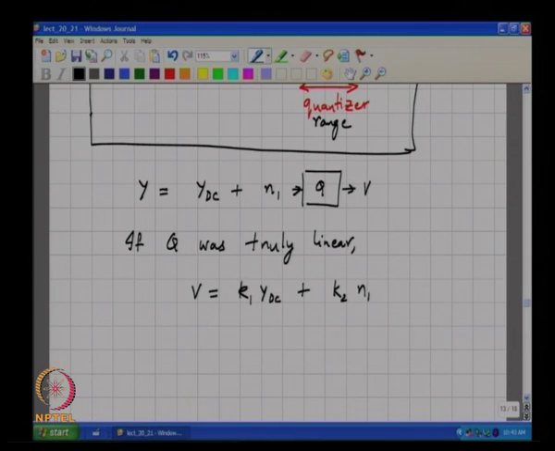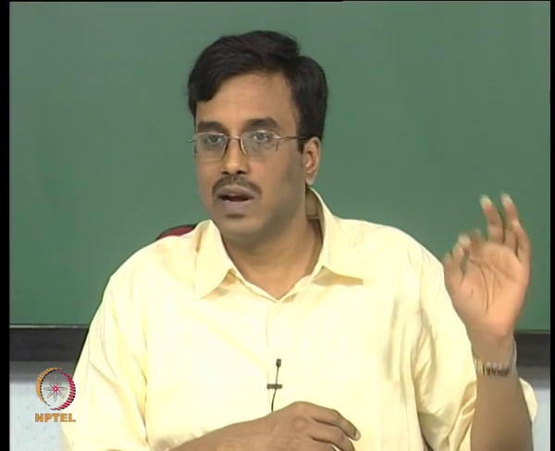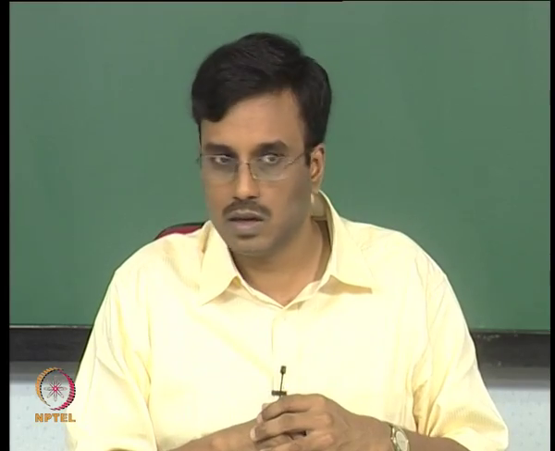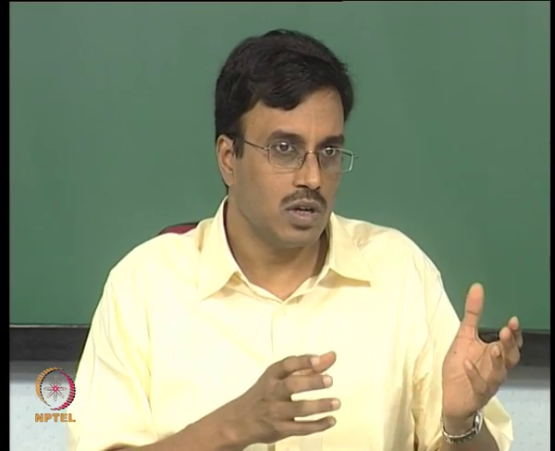Let me repeat the argument again. I have a box with two inputs y dc and n1 and one output v. If this box was truly linear, then the output would be represented as a linear combination of the two inputs weighted with k1 and k2.